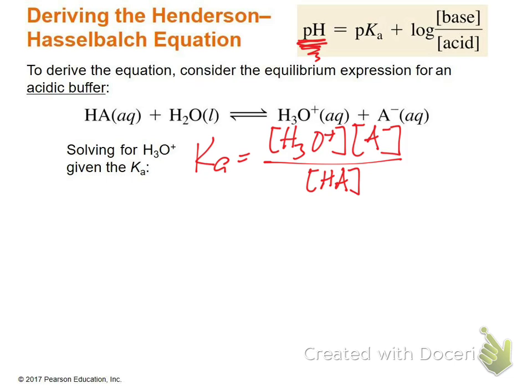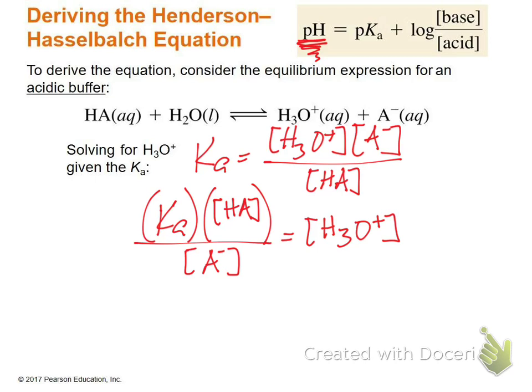So we need to isolate hydronium ion by itself. In order to do that, we need to multiply both sides of the equation by HA, right? So we're going to move HA to the left-hand side by multiplication.